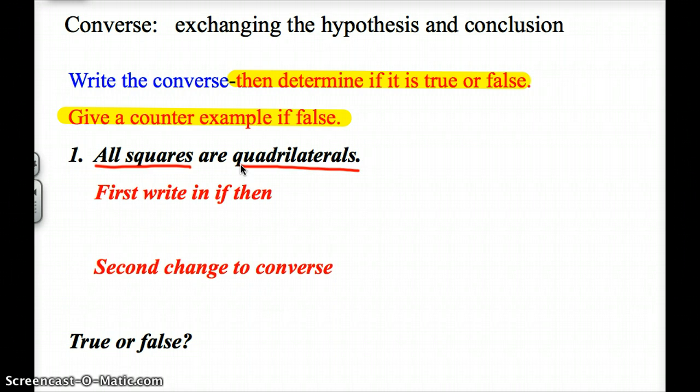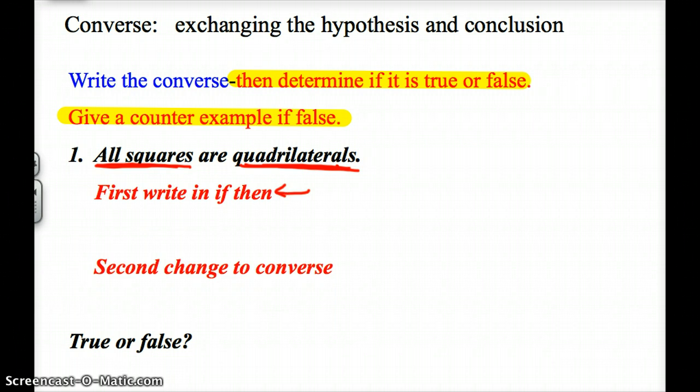If it is a square, then it is a quadrilateral. Or would it read, if it's a quadrilateral, then it's a square? If it's a quadrilateral, then it's a square is not a true statement. So my first one, if it is a square, then it's a quadrilateral, is the correct conditional statement, the if-then statement.